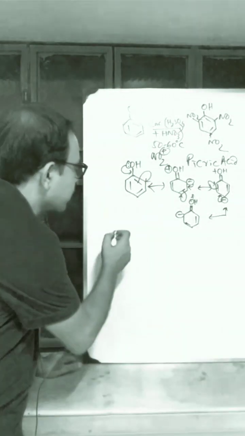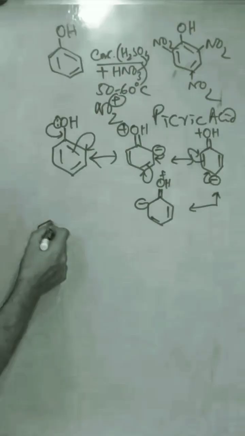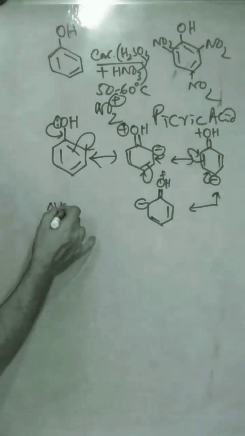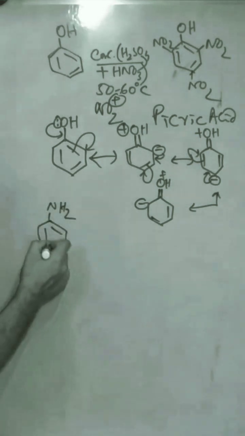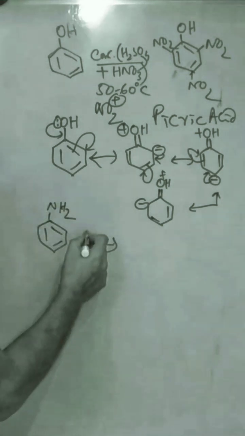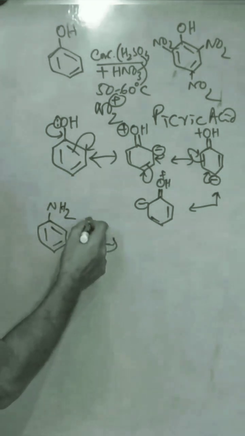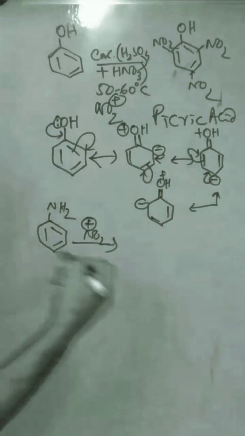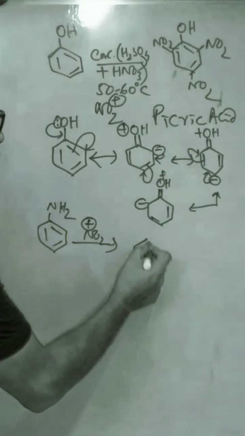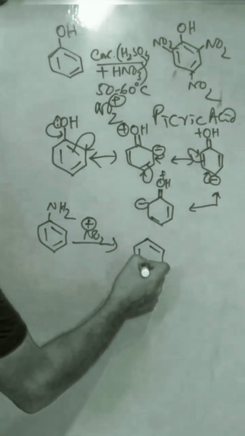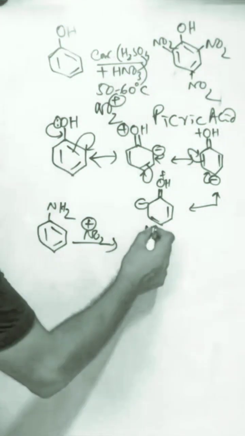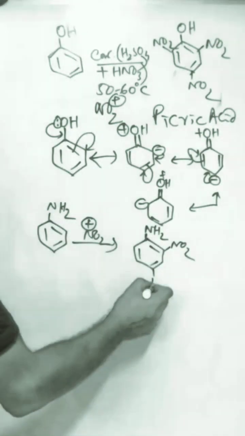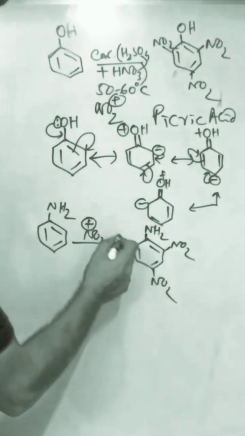The same thing happens if we add the nitrating mixture to aniline. If you nitrate aniline with a mixture of concentrated nitric acid and sulfuric acid at a temperature of 50 to 60 degrees centigrade, the compound formed is 2,4,6 trinitroaniline, with NO2 at each of these positions.